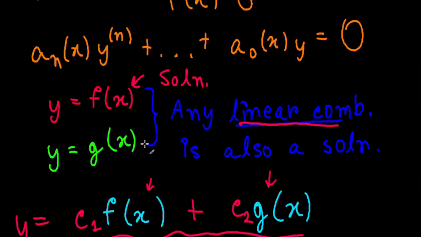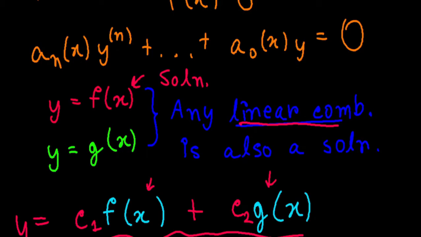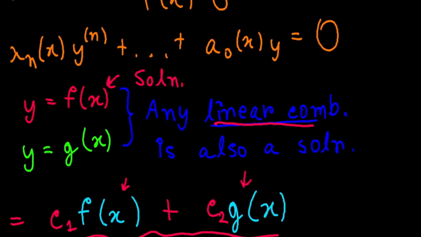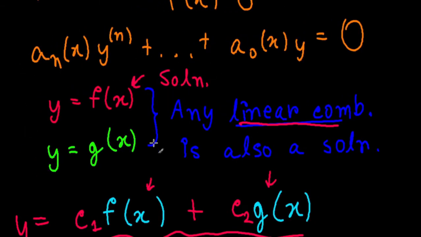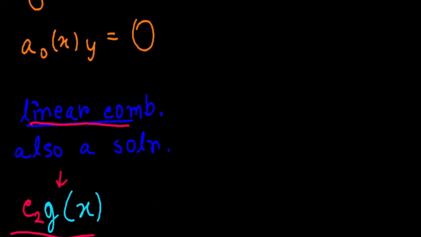So first, I assumed that f of x and g of x are solutions. I can at least start there. What does being a solution to my differential equation mean? Let's look at something. If f of x is a solution, let's write down the derivatives of that. We have y equals f of x. Let's omit the brackets and x for now, just to make things shorter.